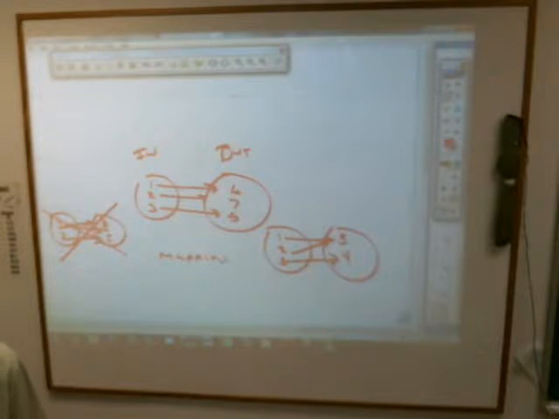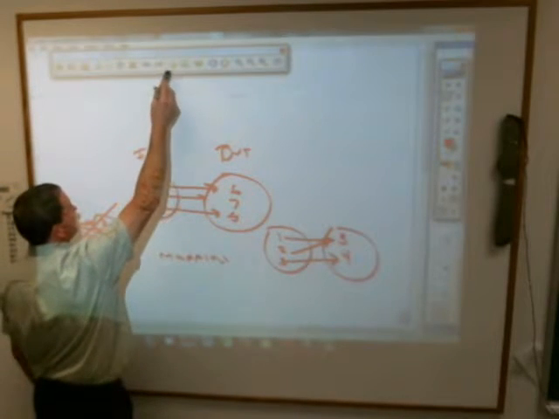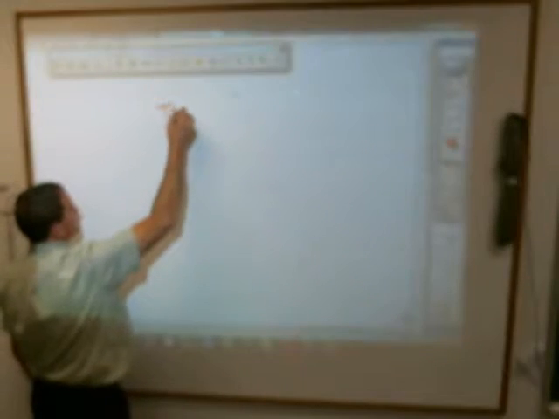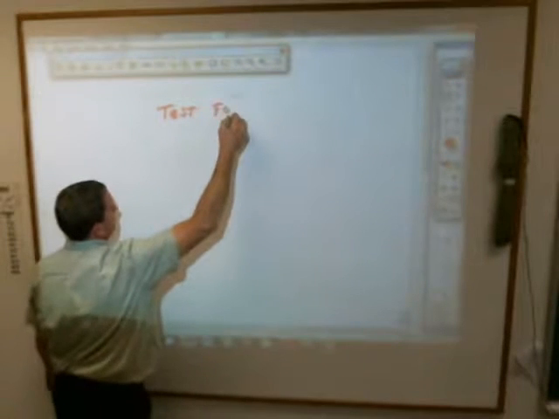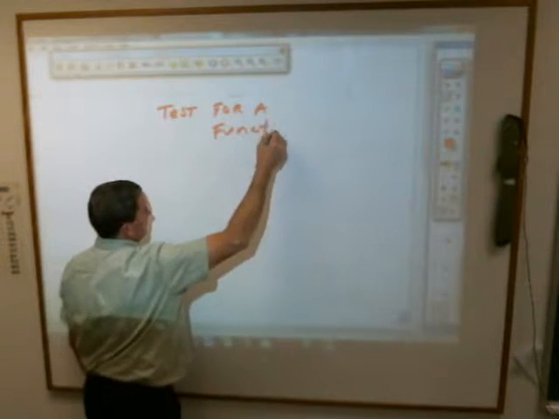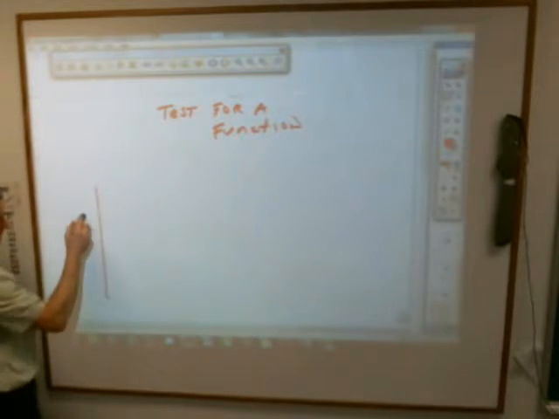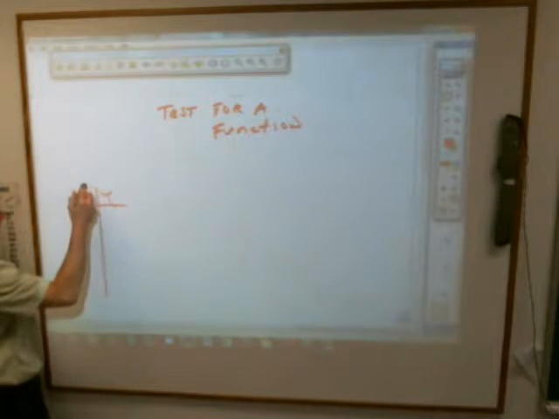Now, with that being said, here is really what the whole lesson was about. To find out a test for a function, let's go back to this x and y thing.